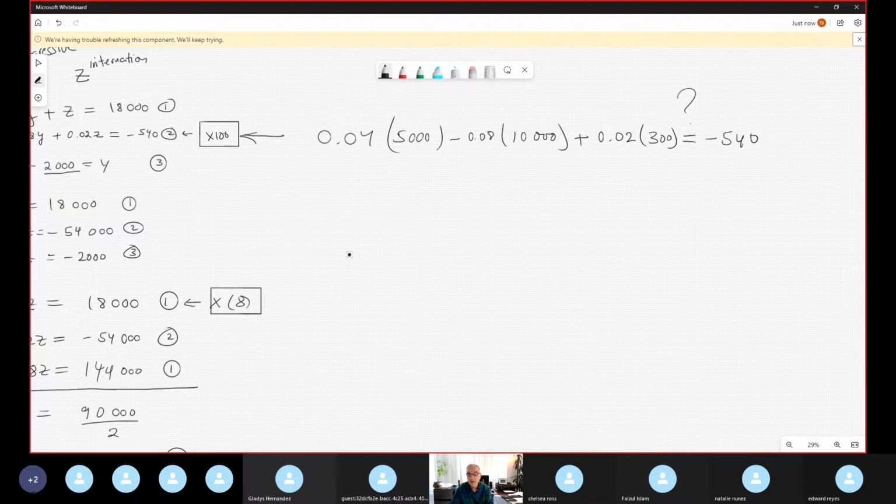You need to verify whether this statement is true or not. Multiplying this one and this one, 200. Multiplying this one and this one is obviously 800. Multiplying this one and this one is 60.